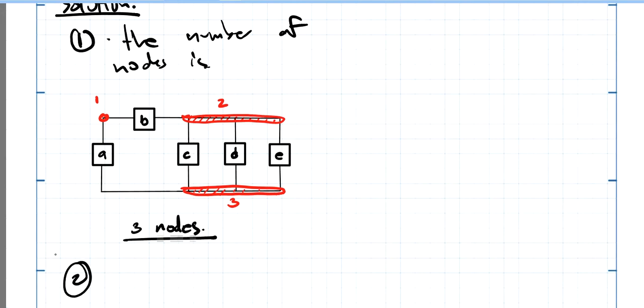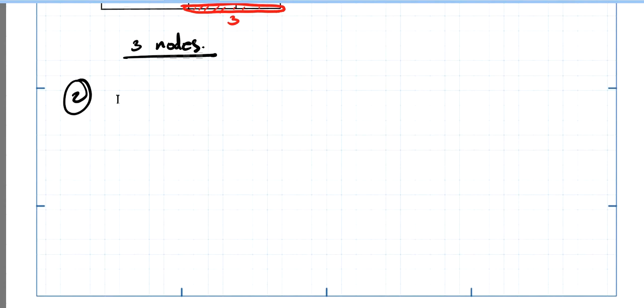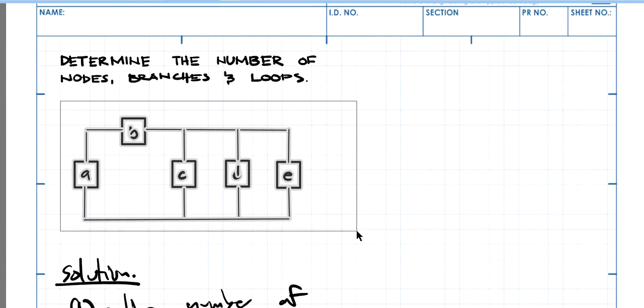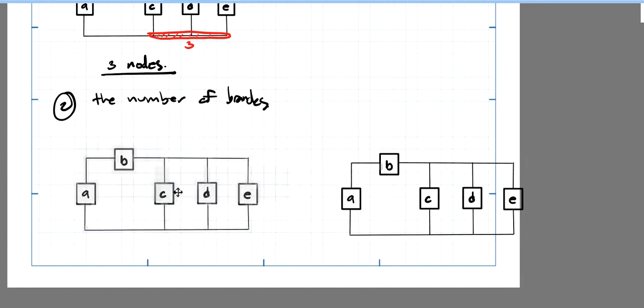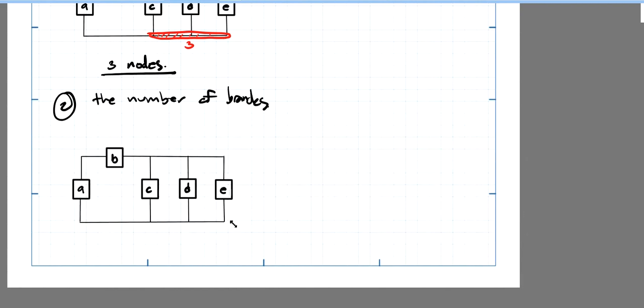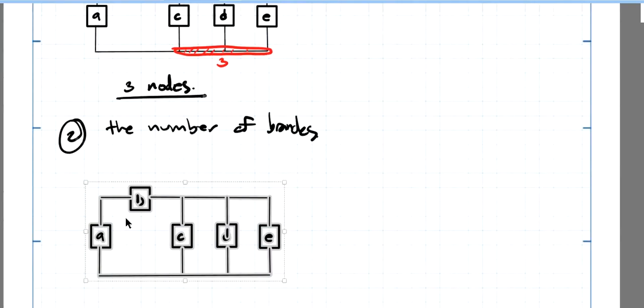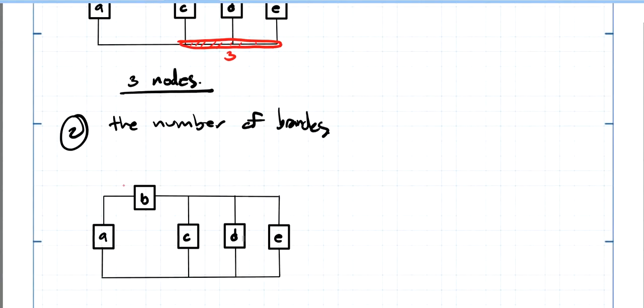Okay, next is the number of branches. Right, so since this is our node, then our branch would be this, so that's gonna be 1, right?